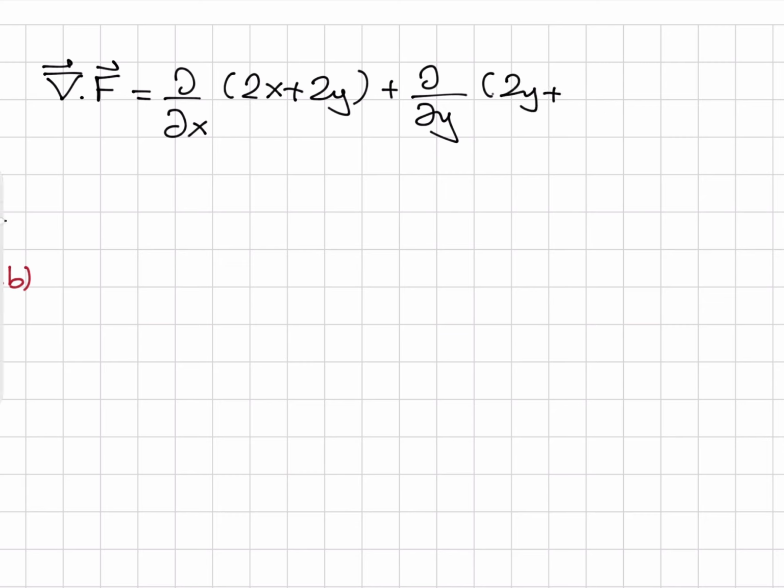Doesn't matter. And divergence of F becomes the partial derivative with respect to x for this part is 2. For the other part is also 2, so this is 4. So our answer to part A, divergence of F, is 4.